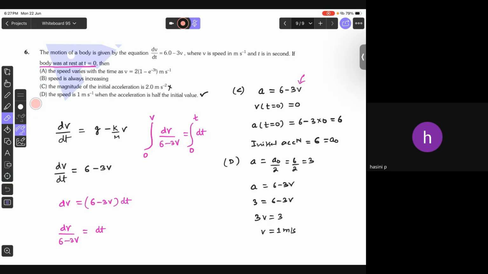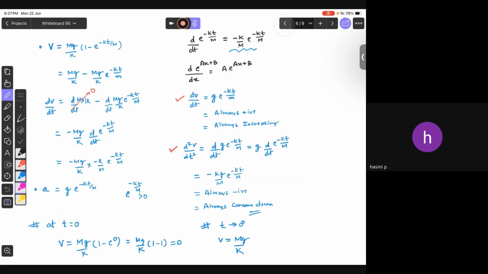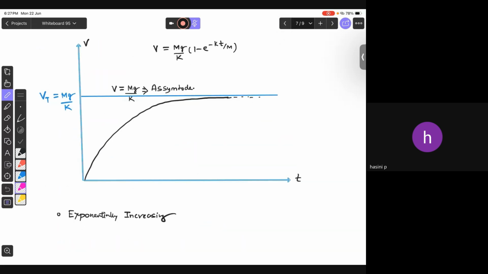I couldn't understand. Can you repeat why the speed is always increasing? So let's check out that one. This is the graph. Everywhere slope positive or not? Forget about infinity. Before infinity, at every point, anywhere I drop a tangent, the angle made will be acute. So dy by dx always positive means what kind of function it is?